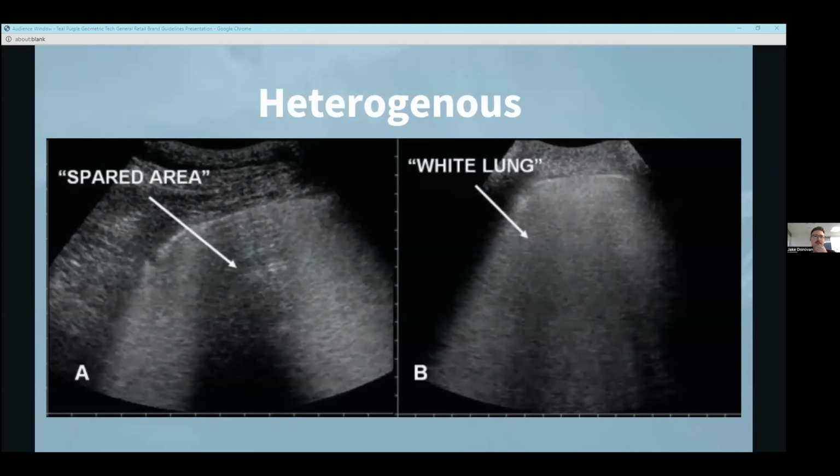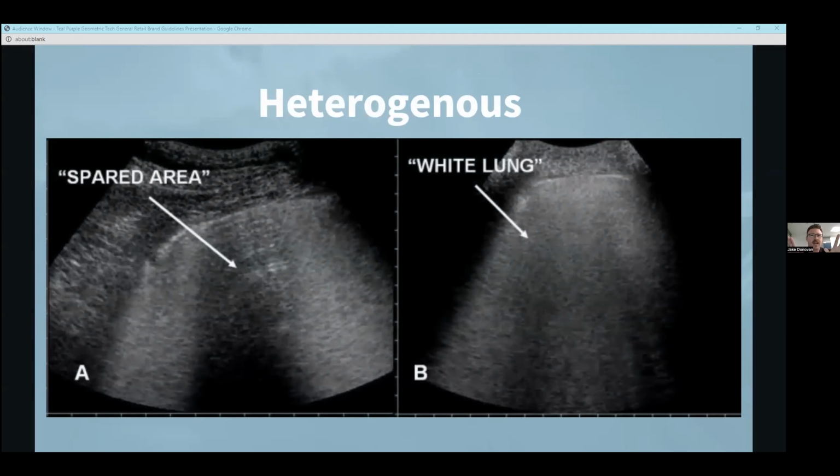And I couldn't get a great picture of a spared area from my own image collection, so I just got one online. You can see in that left image there that you've almost got, I wouldn't quite say that's an A line, but possibly there's an A line just about where that arrow is. And on either side of it, you can see pretty clearly confluent B lines.